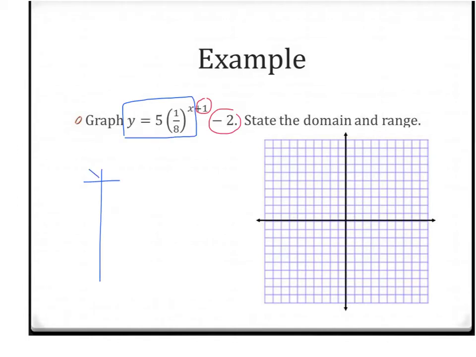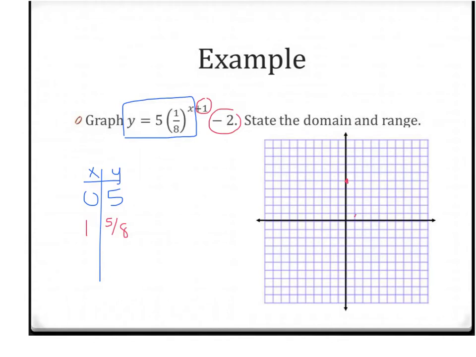So, table, if I put in 0, I'm going to get 5, because 1/8 to the 0 power is 1, times 5 is 5. So we're going to get 0, 5. And then if I put in 1, that's going to be 5/8. So we're going to be at 1 and 5/8, so someplace in there.